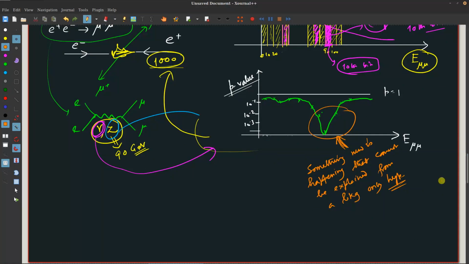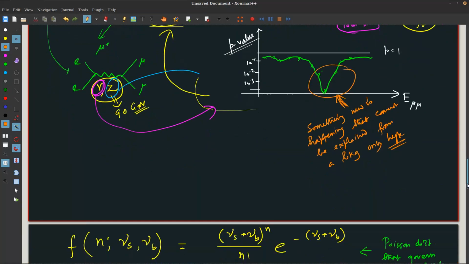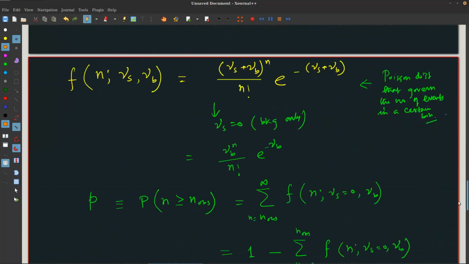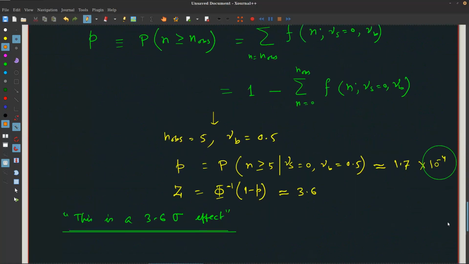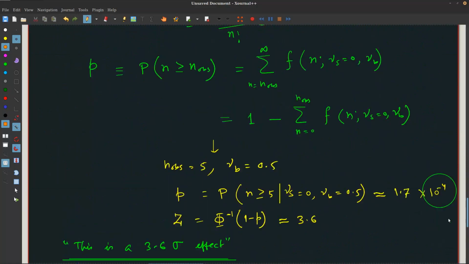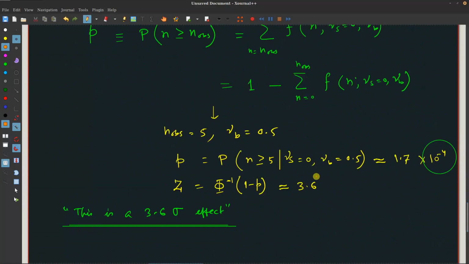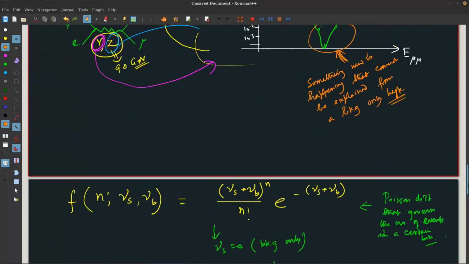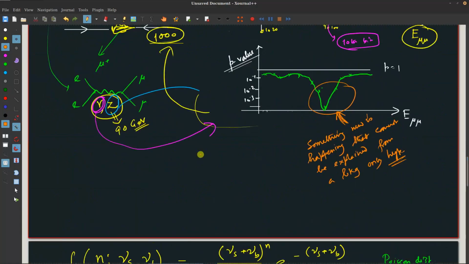In the same way, you can also plot the significance. So this significance that I have calculated is 3.6 sigma.